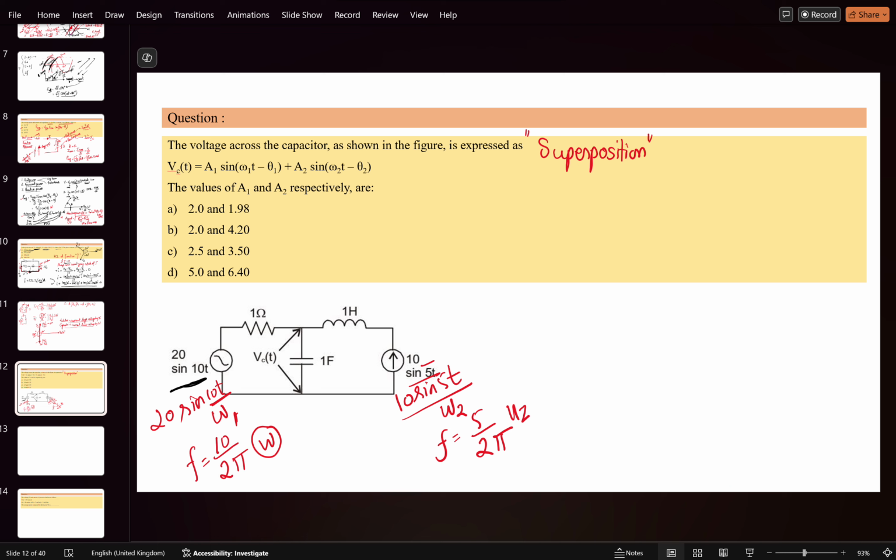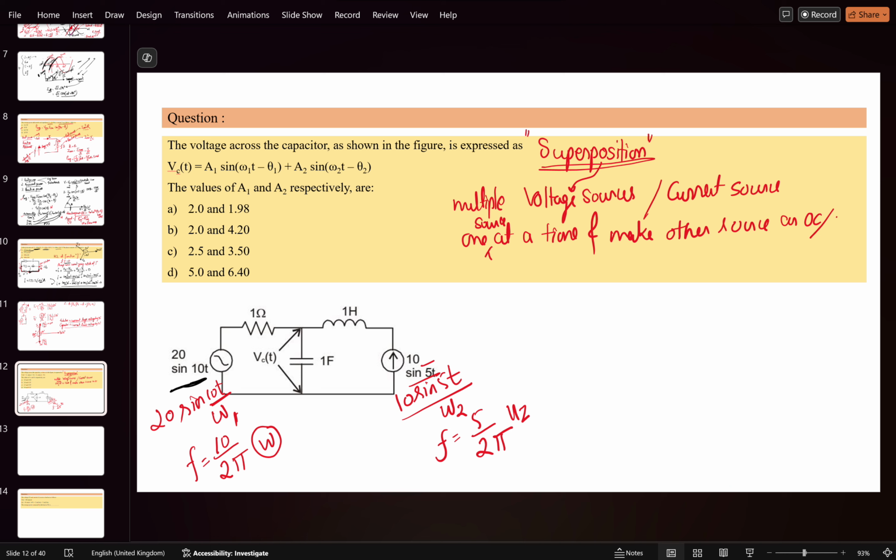It says that when two or multiple voltage sources or current sources are there, you can take one source at a time, and make the other sources open circuit or short circuit: a voltage source is short circuited, and a current source is open circuited.